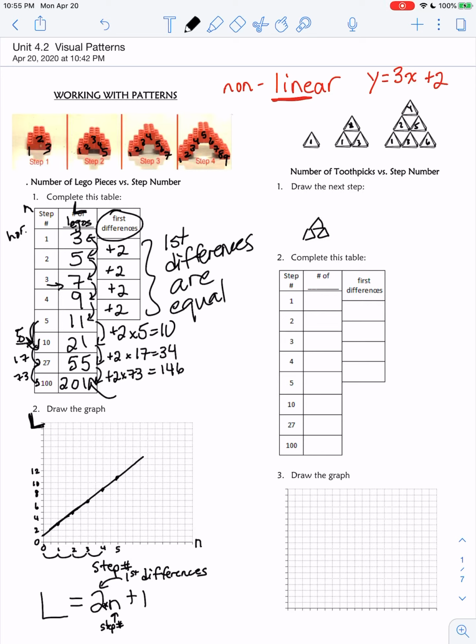Okay, there's my 2, 3, 4, 5, 6, and now I need to add another. There we go. Now this is asking for the number of toothpicks, not the number of triangles, so I'm going to erase those numbers there. All right. So, number of toothpicks.